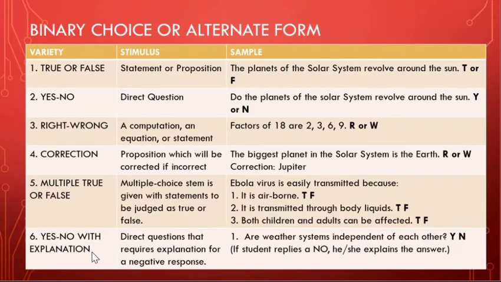Here, the stimulus are direct questions that require explanation for a negative response, such as: are weather systems independent of each other? Yes or no. If the student replies no, he or she explains the answer. So it's some sort of a combination of a binary choice and a restricted type of essay. So I repeat, for binary choice, the ease of construction makes this type popular.